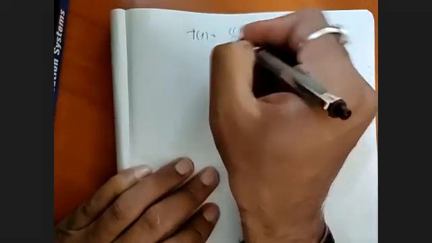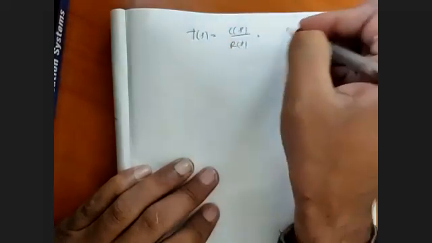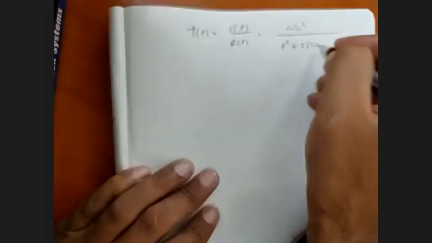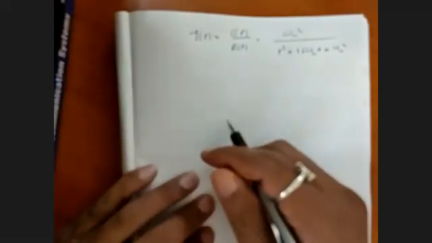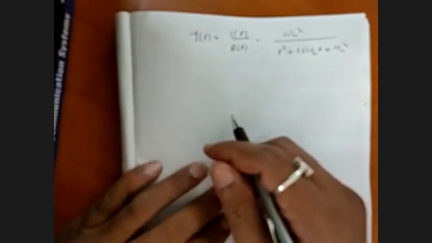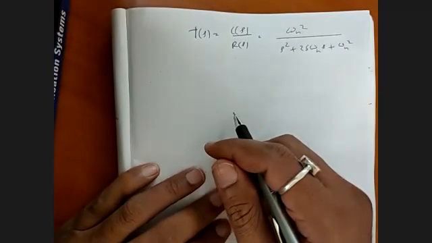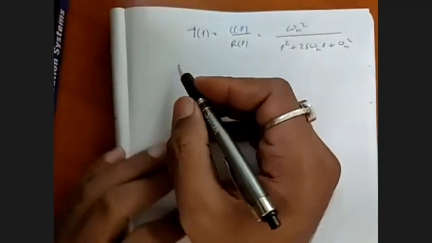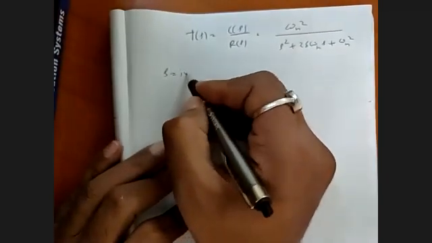So when we are talking about a second order system, T(s) equal to C(s) upon R(s), and that is omega n square upon s square plus 2 delta omega n s plus omega n square. This is a second order system which we have already discussed. So the sinusoidal transfer function, we will be putting s equal to j omega in this.